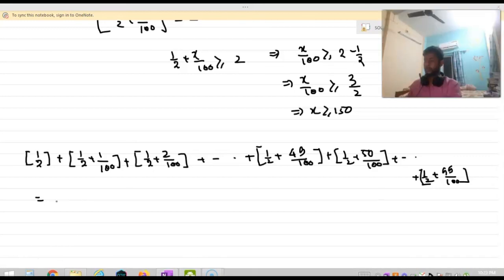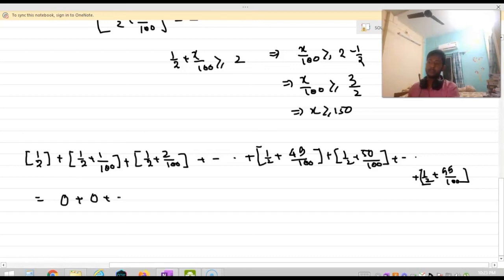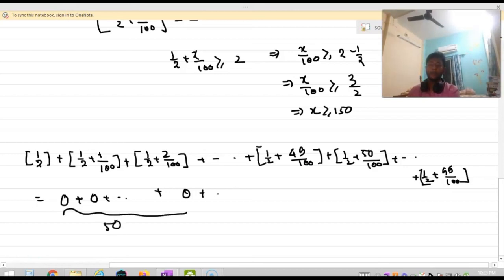So till now it is 0. How many terms? Starting from 0, 1, 2 up to 49, so it is 50 terms.